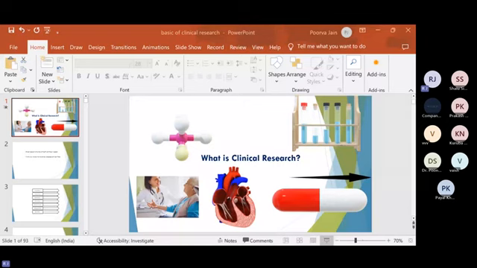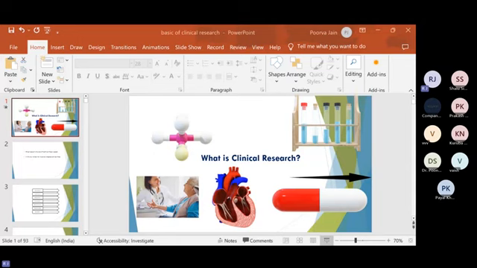One profound definition is: clinical research is the study of health and illness in people. It is the way we learn how to prevent, diagnose, and treat illness. So we are covering prevention, diagnosis, and treatment.